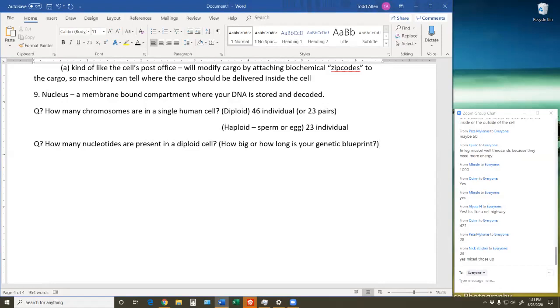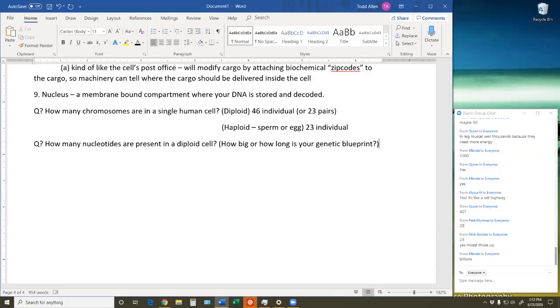What I'm asking you folks is very similar to this. I could ask you this. How many letters are in all the words of all the sentences, of all the paragraphs, of all the chapters of your textbook? How many letters are in everything in your textbook? Well, obviously there's millions and millions, right?